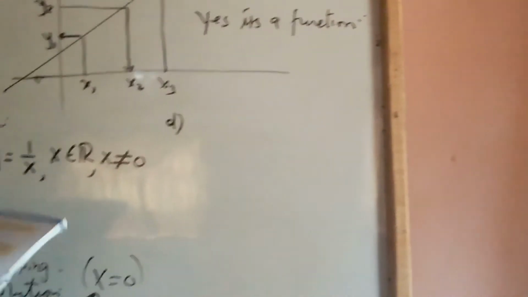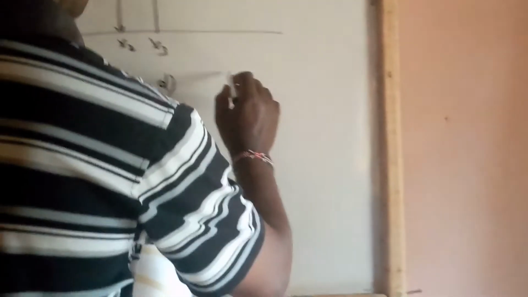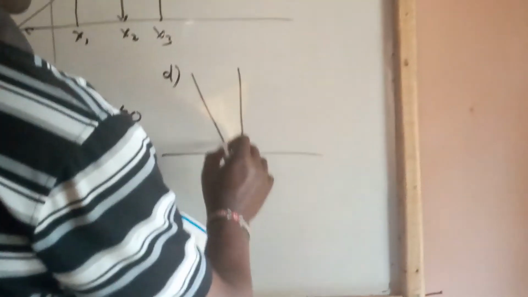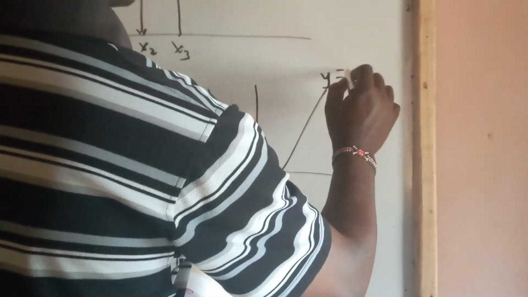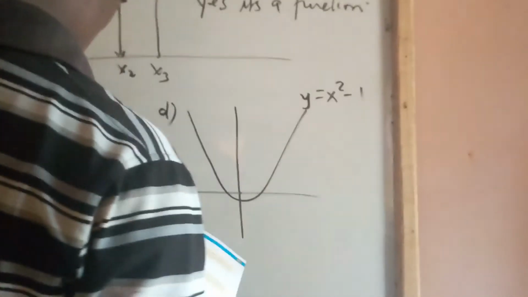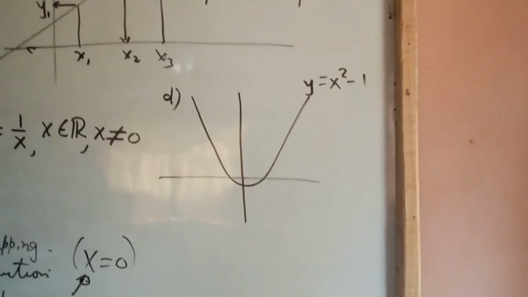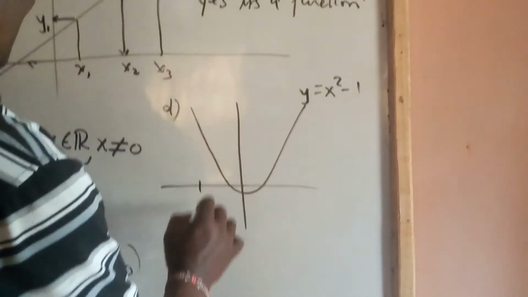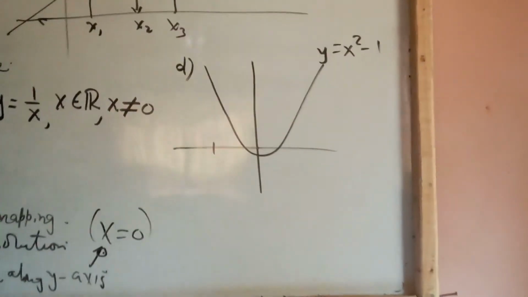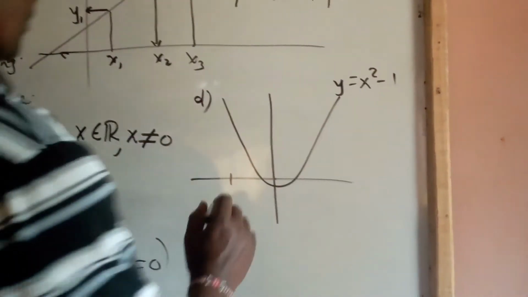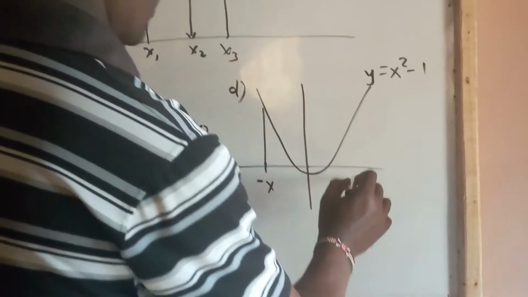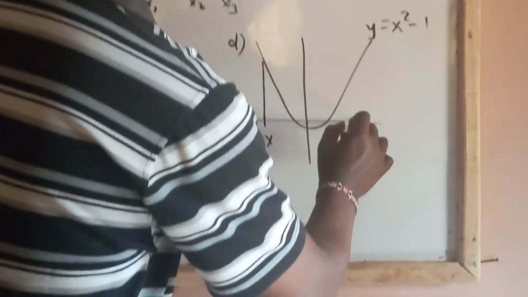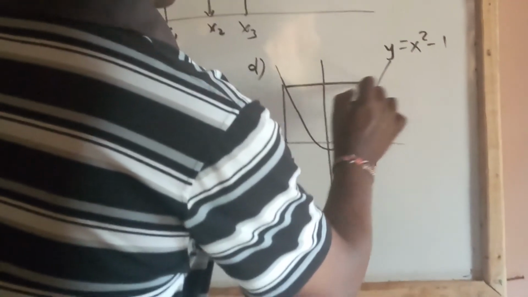Part D is suggesting something like this. It is a quadratic graph, the graph of y equals x squared minus 1. What you can see here is when we have minus x, there is a value of y. When we have the same kind of x here, there is the same value of y.